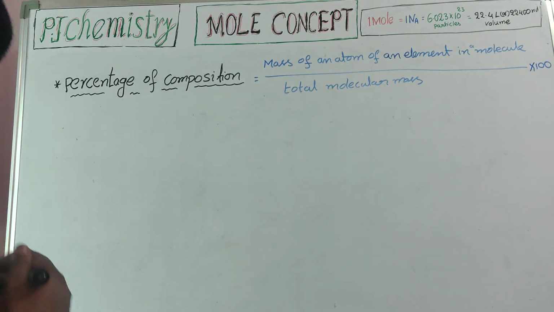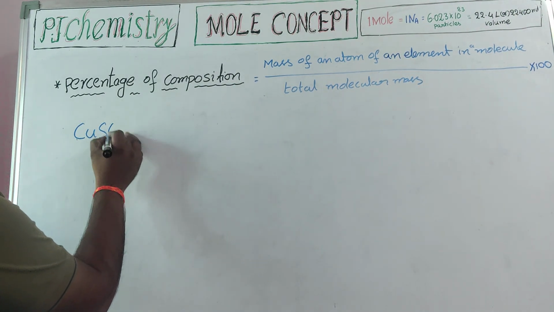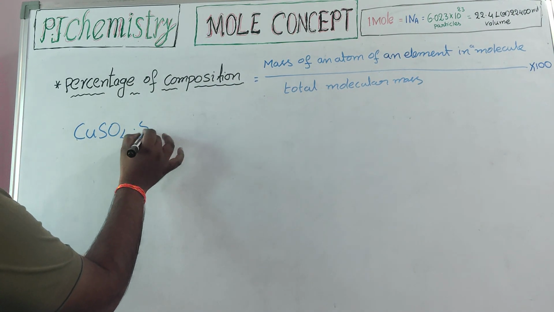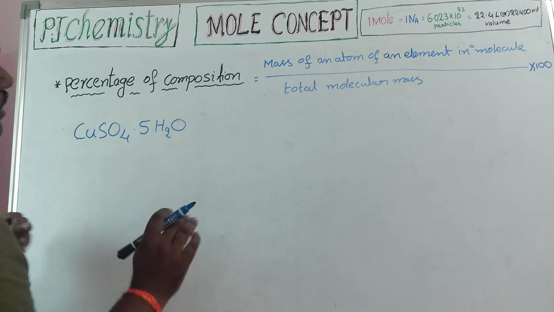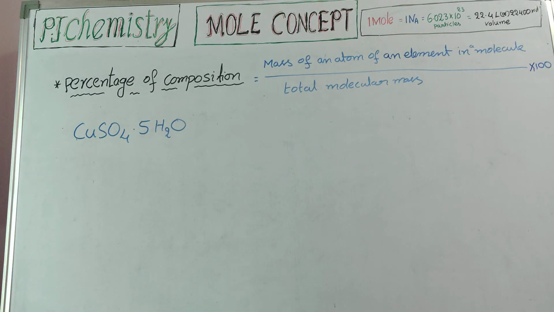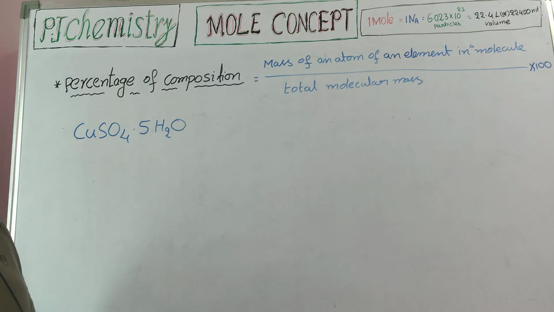In crystal form, it is blue in color. Now one question they are asking: what is the percentage of water in blue vitriol? Copper sulfate is blue in color in the presence of water. So what is the percentage of water in blue vitriol, or in the crystal of copper sulfate?